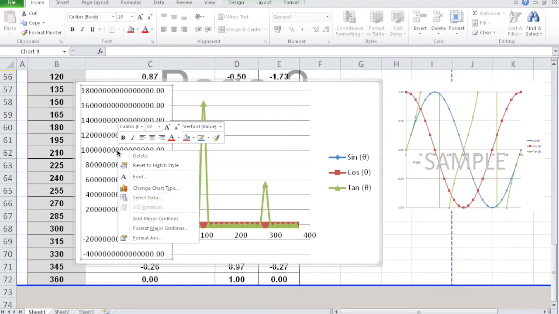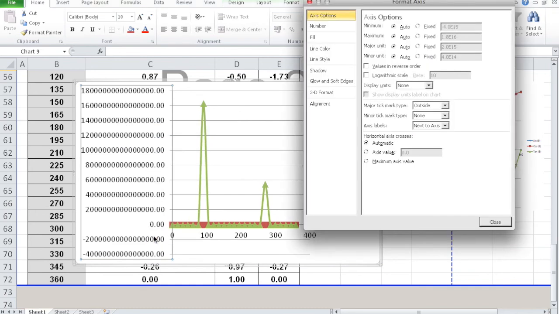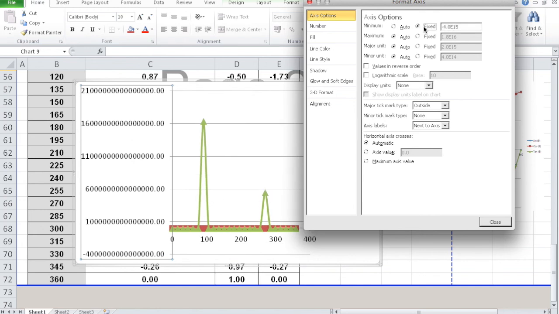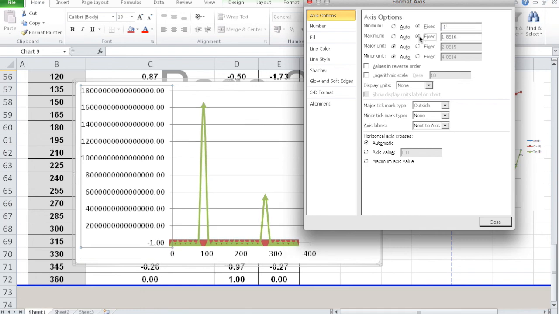So just right click on this, format the axis. We don't want the minimum to be automatically generated. We want it to be fixed to what value? -1. And the maximum must not be automatically done. It must be fixed at +1.